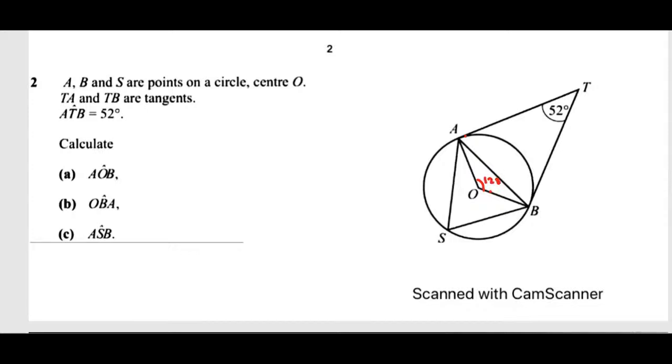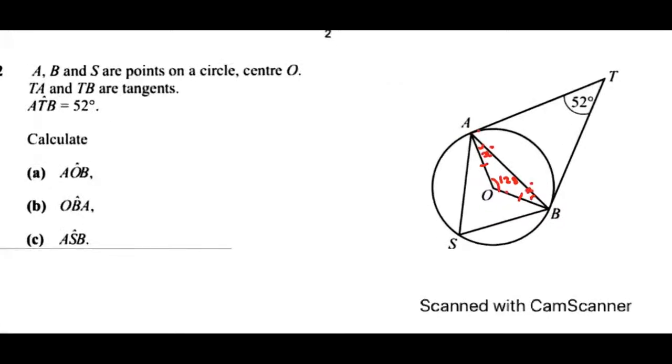Now, if I think about AOB, it is an isosceles triangle, and this side is the same. Very good, Rania. So that means this angle and this angle would be the same, right? So 180 degrees equals 128 plus x, and you have to make x the subject and you would get the answer. Very well done, excellent.